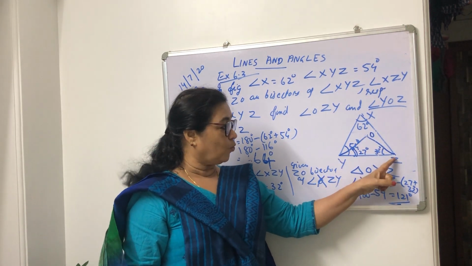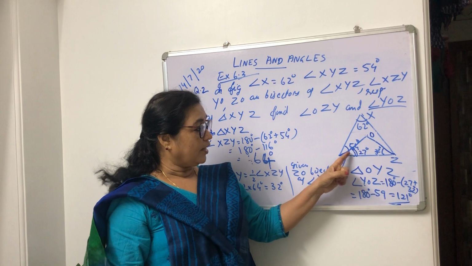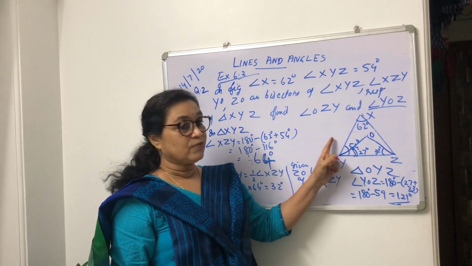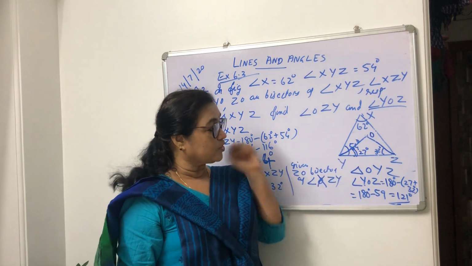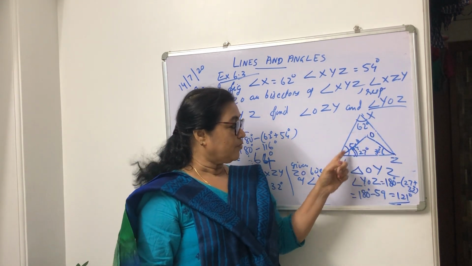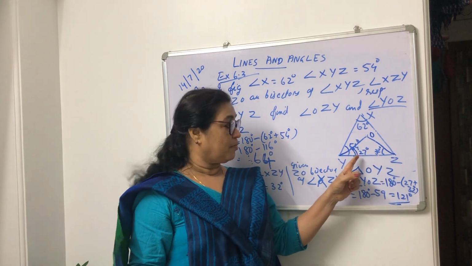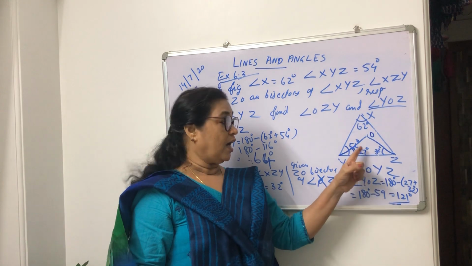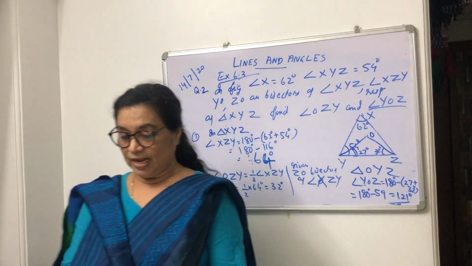So this angle OZY is 32 and YO is the bisector here. Therefore, 54 is divided into two equal parts. This is 27. Then in triangle OYZ, this YOZ is 180 minus 27 plus 32. That is 121 degrees, by the angle sum property of a triangle.